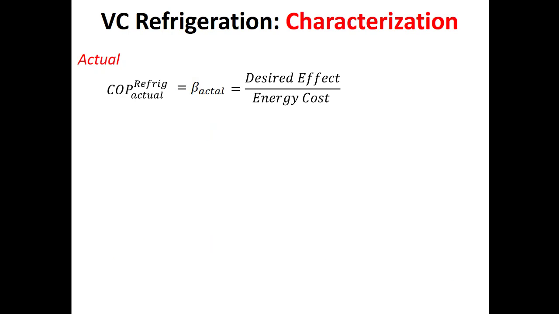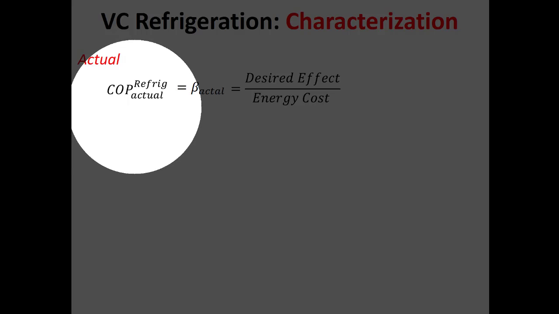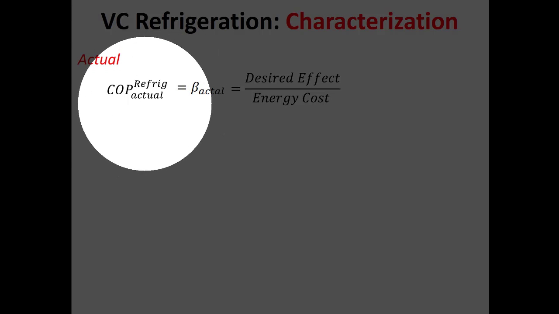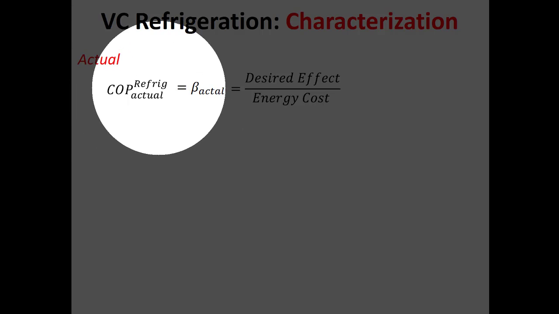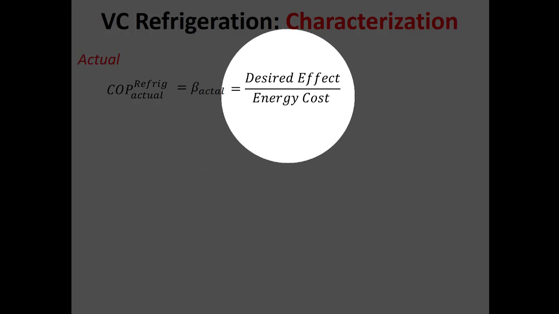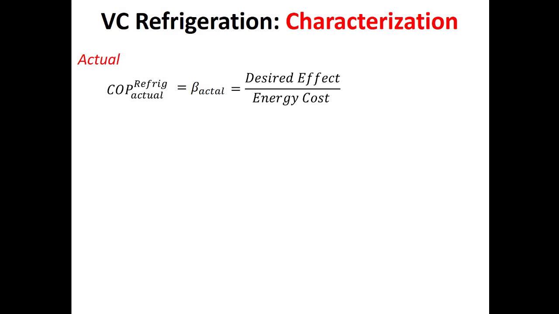So for these refrigeration cycles, we've got our coefficient of performance, which is beta. If you don't want to remember which Greek symbol, just write coefficient of performance, with refrigerator maybe in the subscript or superscript. In the actual, real case, you'd have the desired energy effect divided by the cost.